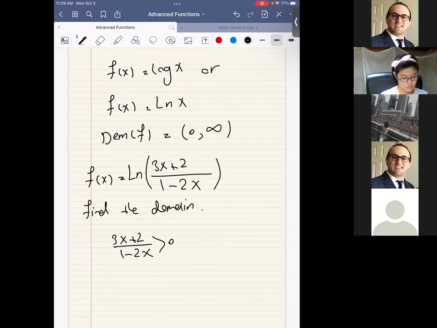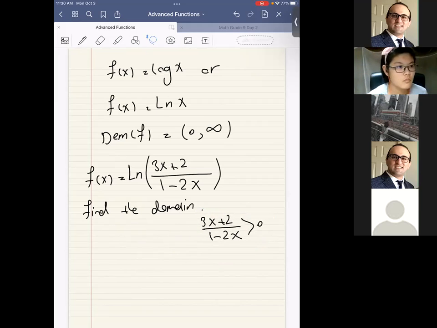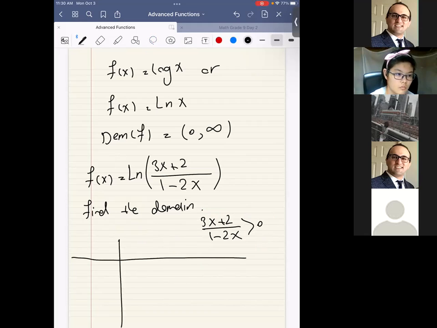You remember that you need to make a table with the roots, and all the results must be positive. So you have a table, you put the roots. This is the x. What is the root of the numerator 3x plus 2? It is minus 2 over 3. What is the root of the denominator?